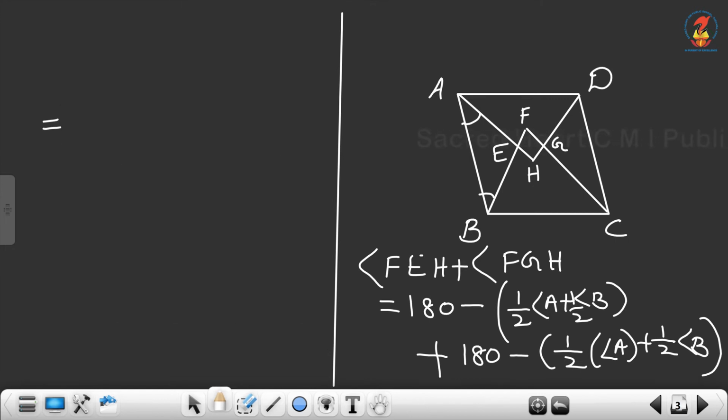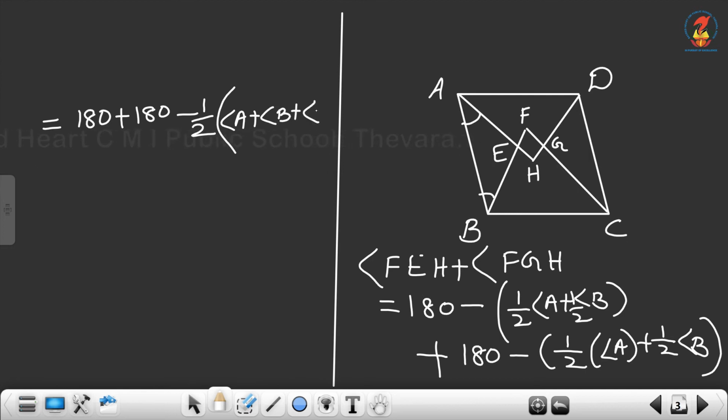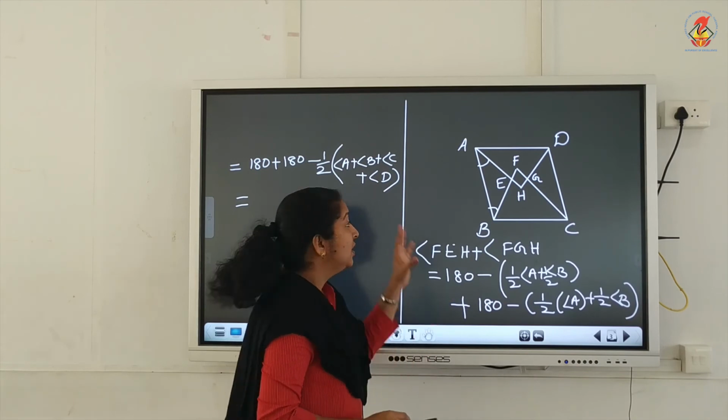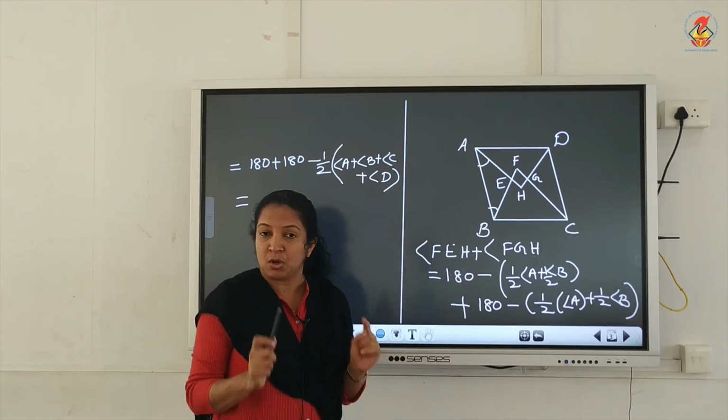So this is equal to 180 plus 180, then minus half, which I am taking out, of angle A plus angle B plus angle C plus angle D. What about angle A plus angle B plus angle C plus angle D? ABCD is a quadrilateral.